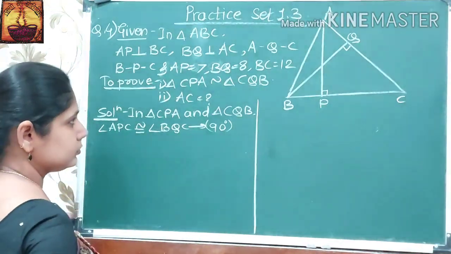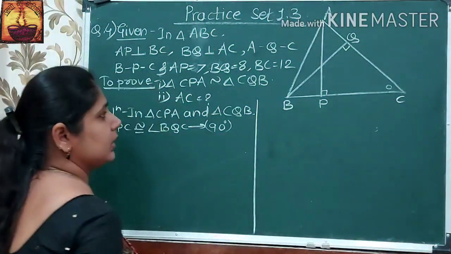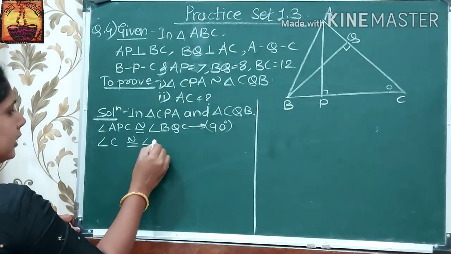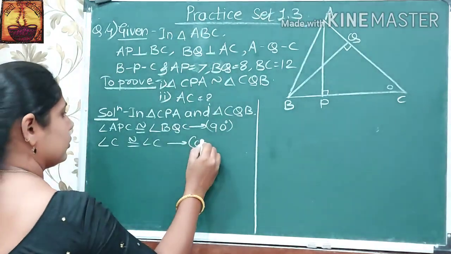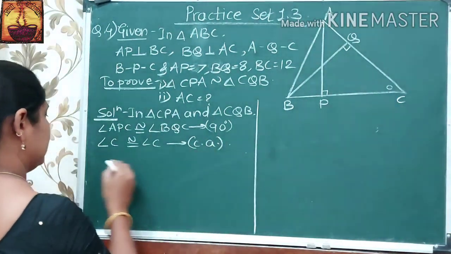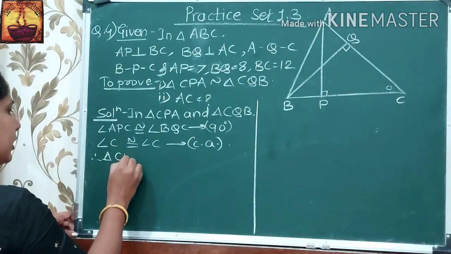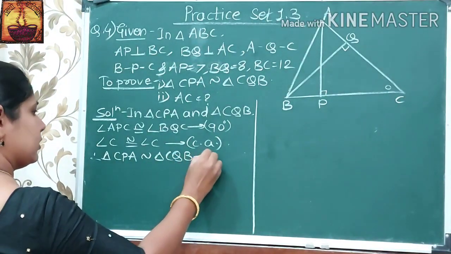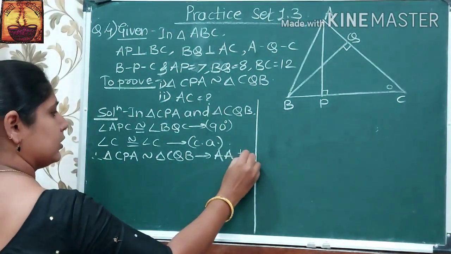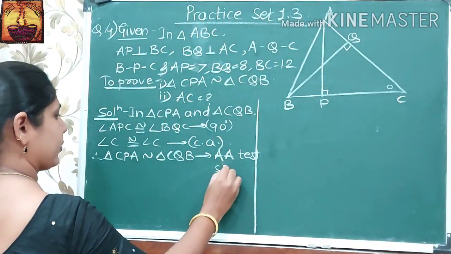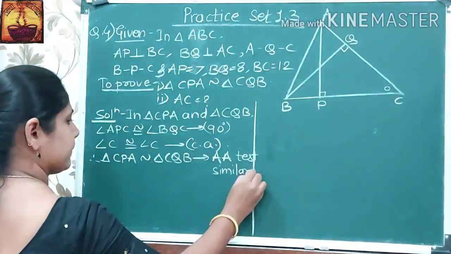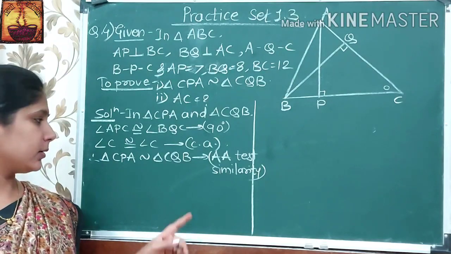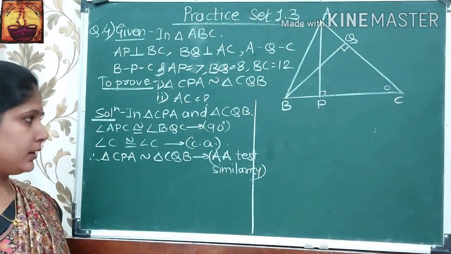And second, angle C is common angle between these two triangles. Therefore, angle C is congruent to angle C, common angle. Therefore, these two triangles are similar by AA test of similarity.